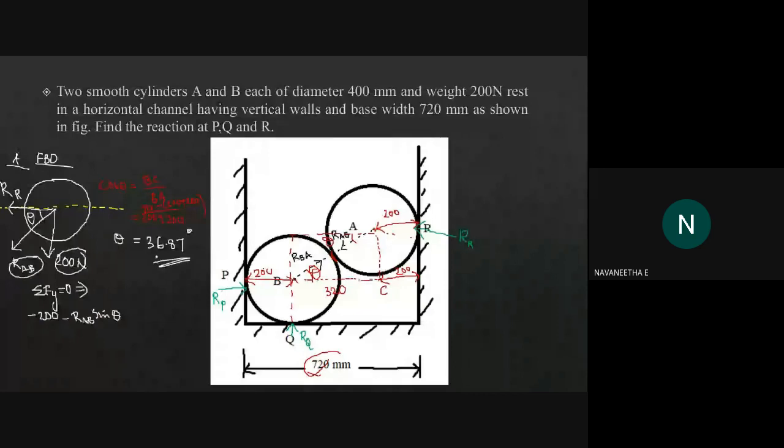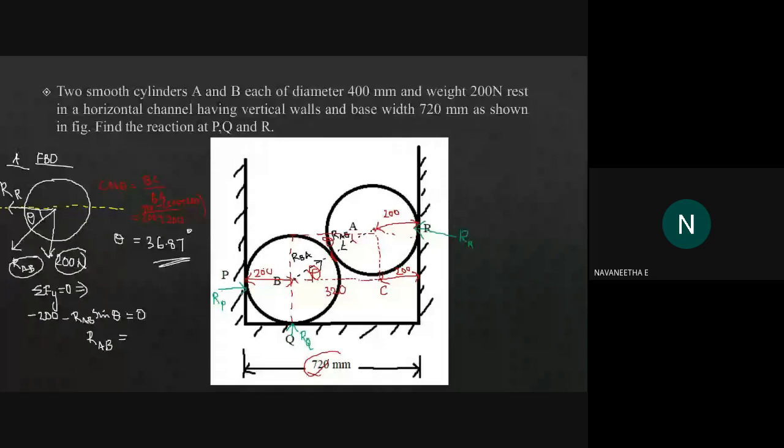Here you can put in the value of theta and find RAB. What is RAB? You will get an answer with a negative sign. It means that the direction we had taken for RAB is not correct.